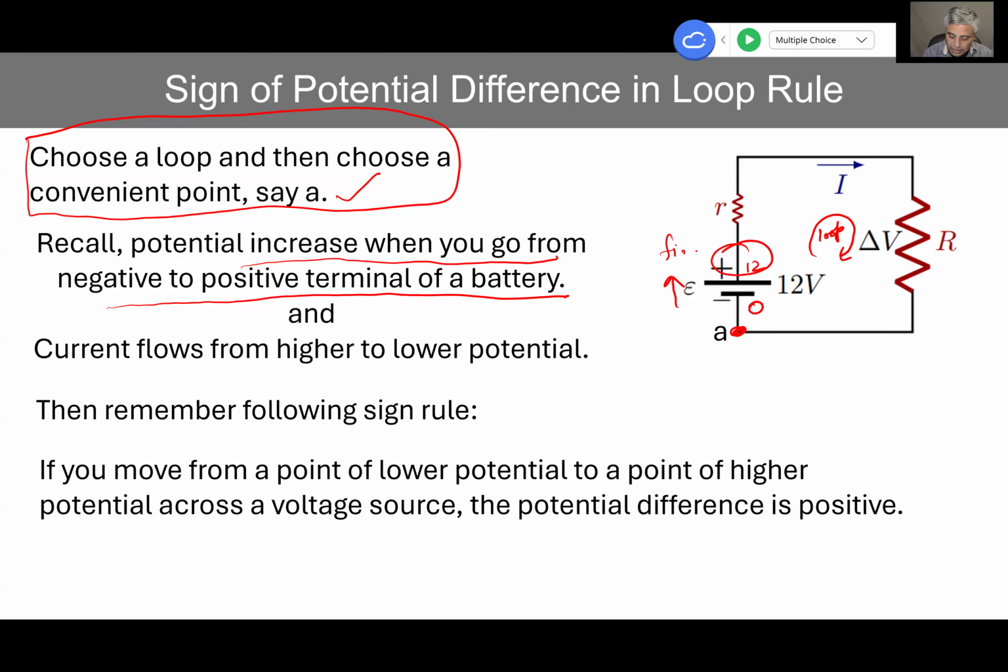Final. I'm just looking at the battery here, this EMF. Since you started here and are going clockwise, you're not going down, rather you are going up in the battery, from negative to positive. In that case, the final value of potential is larger than the initial value.